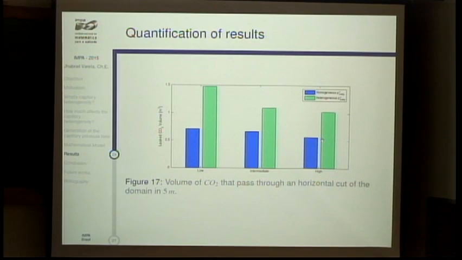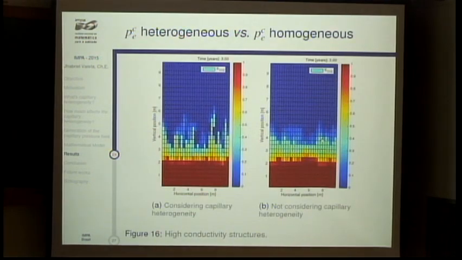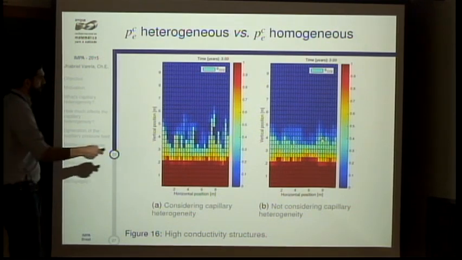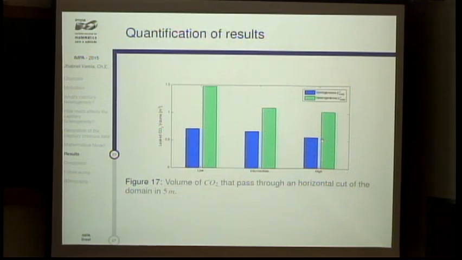So this is the quantification of the results. We're measuring the liquid CO2 volume that passed through a horizontal cut of the domain at 5 meters here, and we're plotting this against the different permeability models.